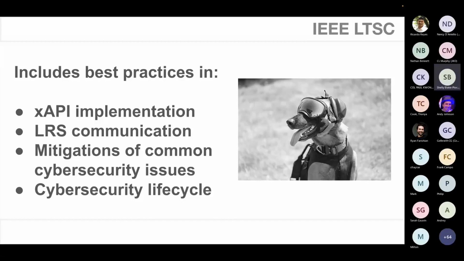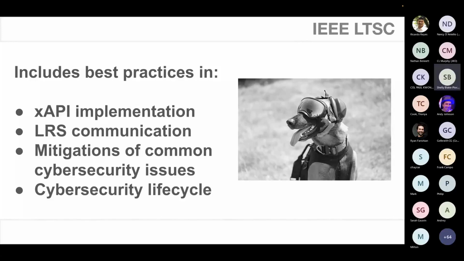In the last formal version of the specification, which was 1.0.3, I believe, a decision was made to point to outside resources for more information about cybersecurity.